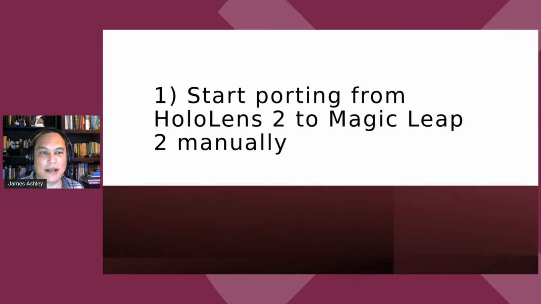And then it's a matter of finding comparable controls between the two, replacing your MRTK controls with your Magic Leap controls, getting used to different types of interactions. For instance, the Magic Leap 2 is going to have that, they used to call it the totem, but it's basically the pointer tool. Whereas HoloLens, I think for a while it used to have a clicker, but that was about it.